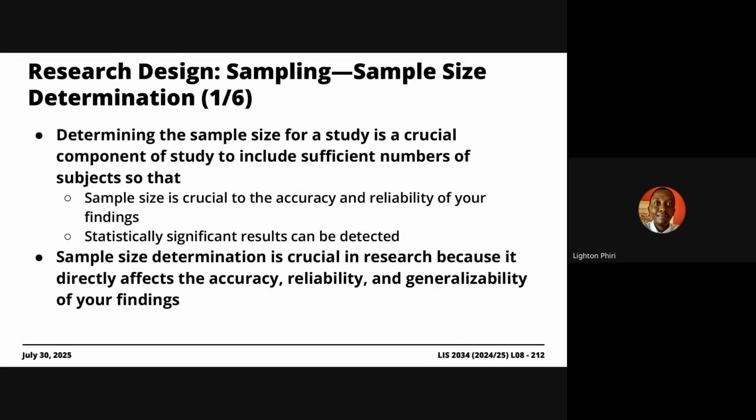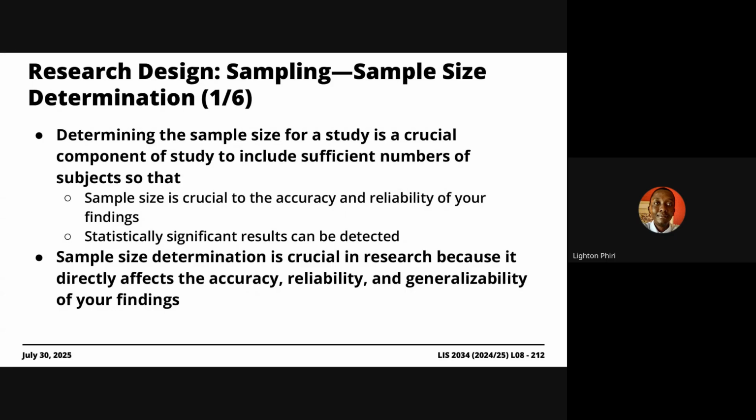So again, we're saying here that determining the sample size is crucial in research because it affects the accuracy of the findings, the reliability of the findings, and also the generalizability of the findings. We want to be able to reliably tell people that 21.8% of Zambians between the ages of 18 and 69 consume alcohol.